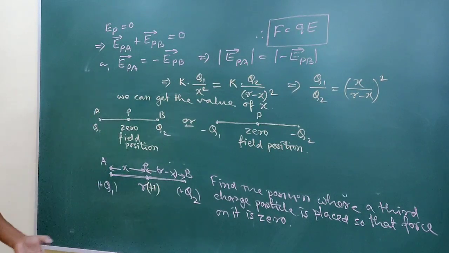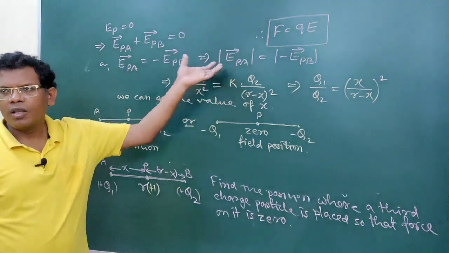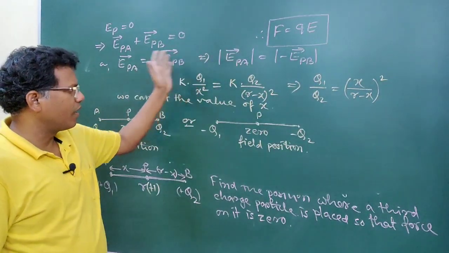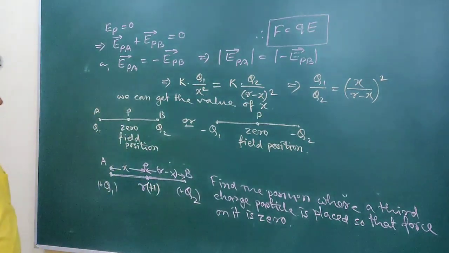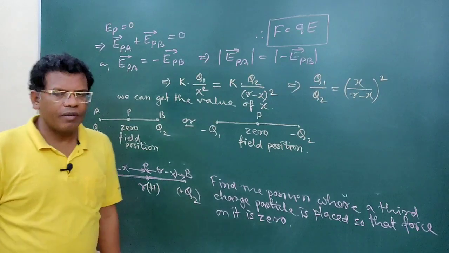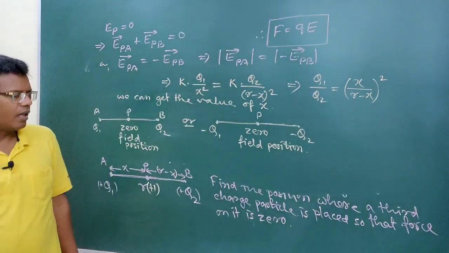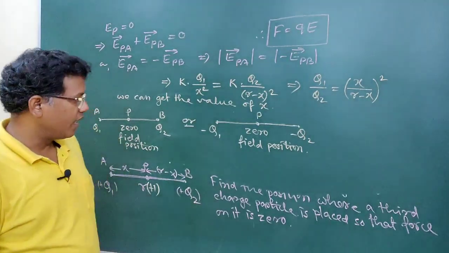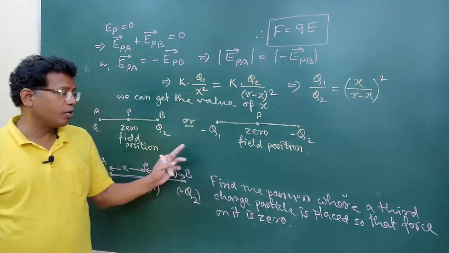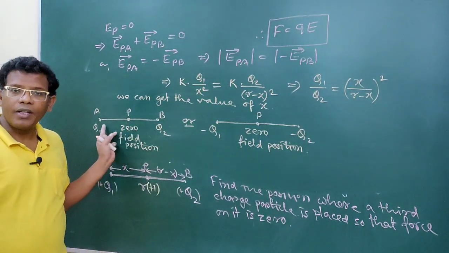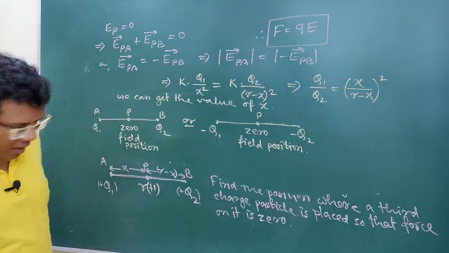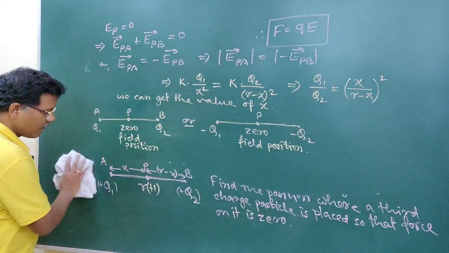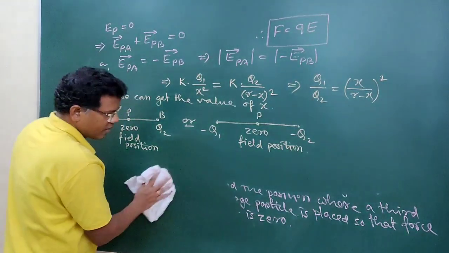The exact position we have to calculate by following this process. But the basic understanding says that if both given charges are the same in nature, either both positive or both negative, then the zero field position must be at a point along their line joining, in between them. This is the situation when the given charges are similar in nature.